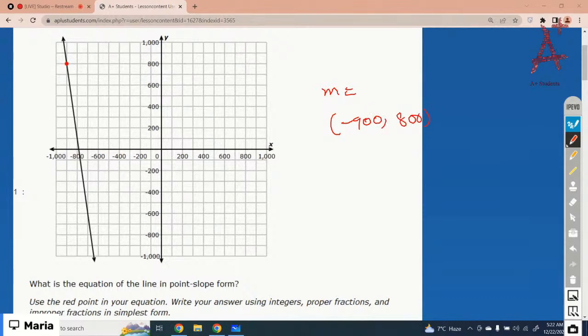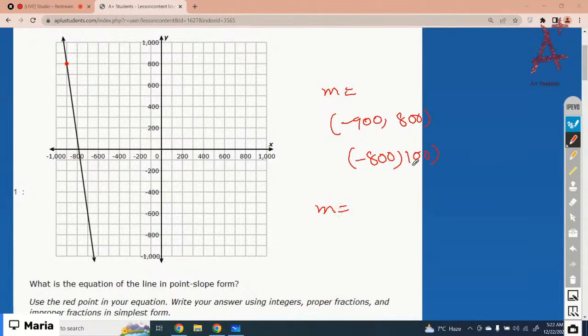Now we have to look for the slope. Use any two points on the graph and find the slope. So I'm going to use another point, that is this one. The point is negative 800 and 100. So you can use these two points to find the slope.